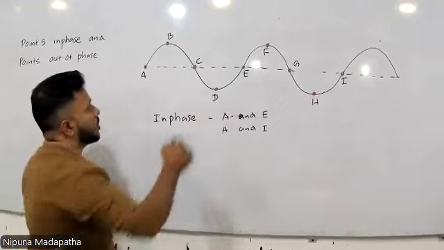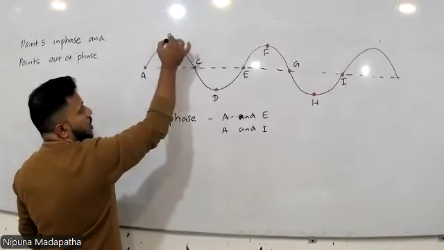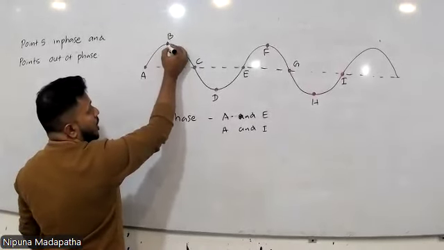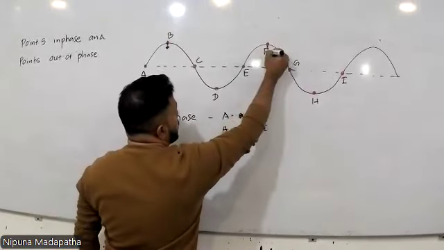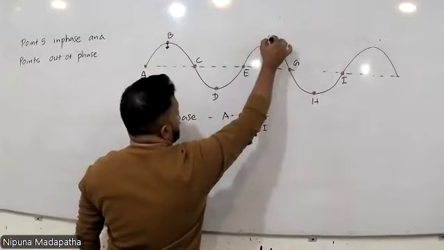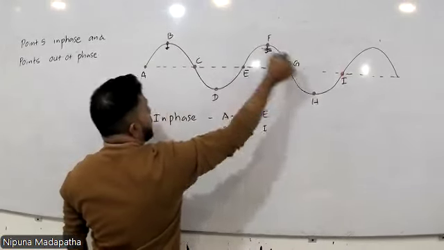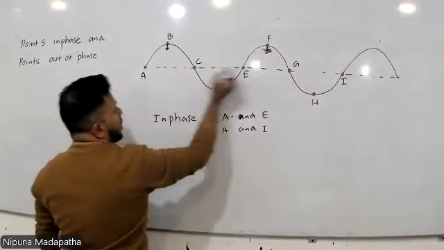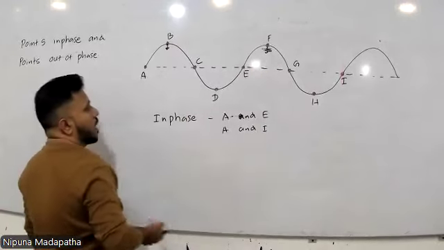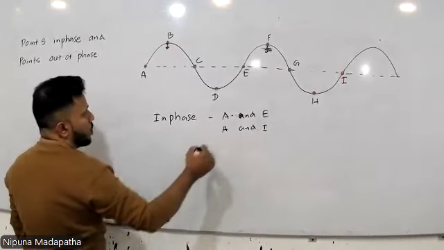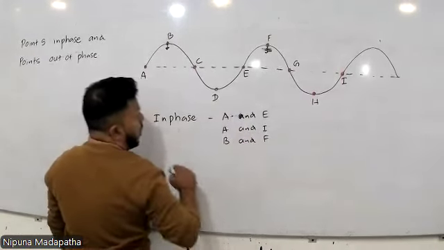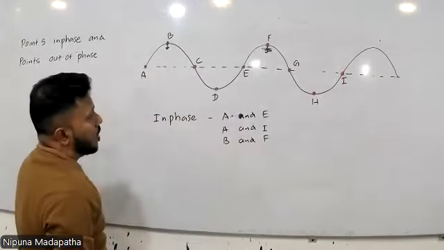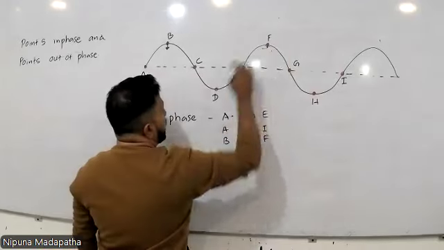The particle at B has its direction of motion downward, and F also tends to go down. So both these particles have the same kind of motion. So B and F are in phase. What else?